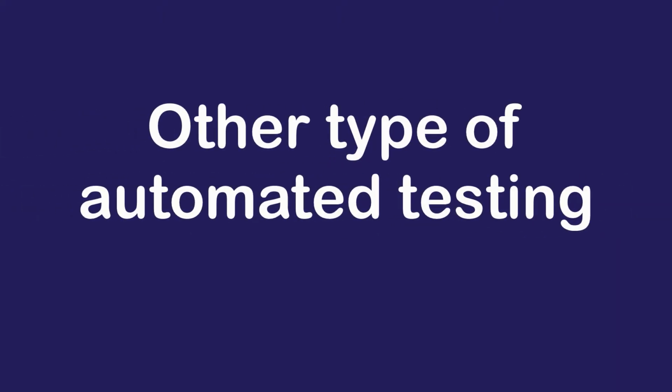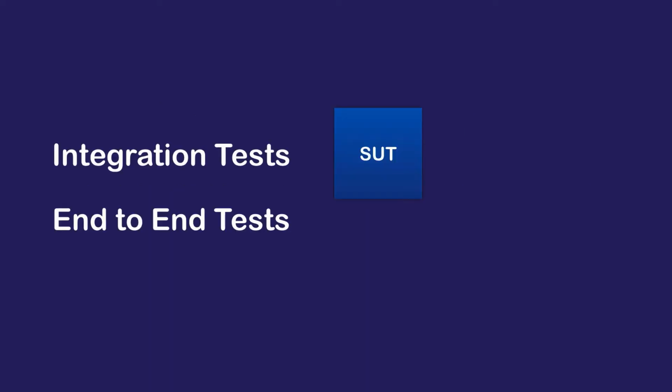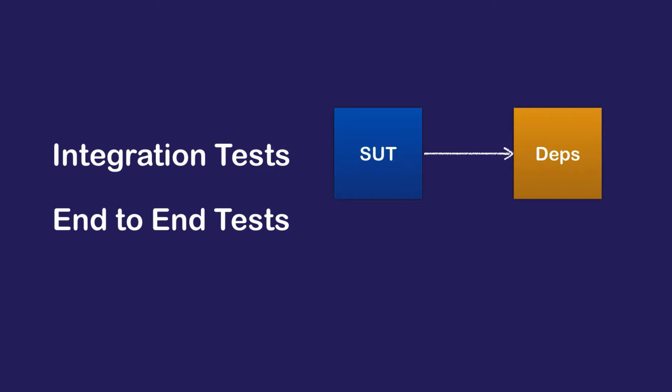Now we will look at other types of automated testing. While unit tests target small pieces of code, we have other types of tests that generally focus at a higher level than unit tests. Two examples of such types of tests are integration and end-to-end tests. Generally, unit tests focus on a small piece of code without considering the behavior of the dependencies they have, usually with the help of fake dependencies.